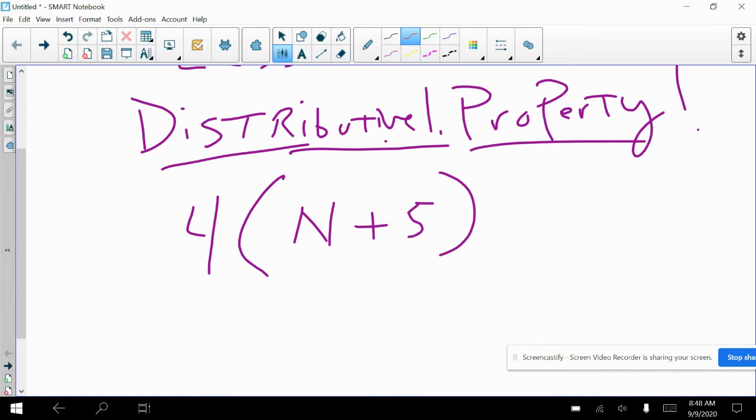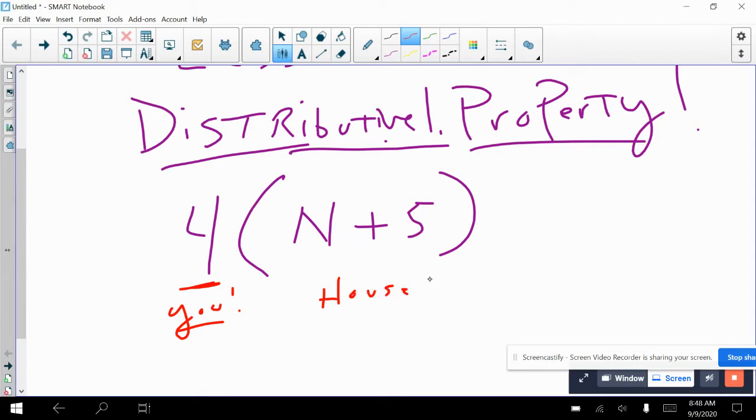Okay, here's how I like to think of it. The number on the outside is you. That's you. Okay, and inside, these are all the houses in the neighborhood. Okay, you have to go to each house. This is where you're going to make your boo-boos.